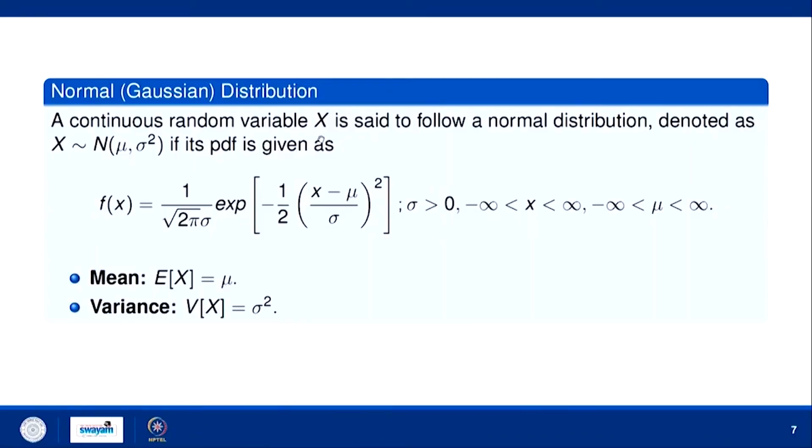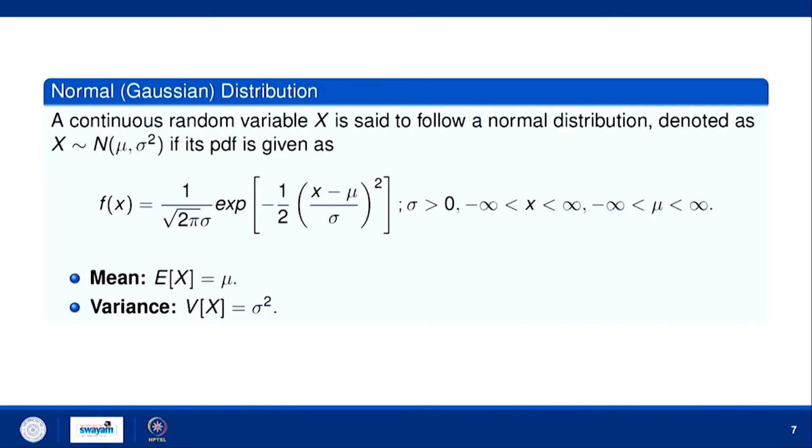So, let us see what the distribution function for this is. A continuous random variable x is said to follow a normal distribution, denoted as N(mu, sigma square), where mu is mean and sigma square is variance, if its PDF is given by this expression, where sigma is greater than 0 and x is between minus infinity and plus infinity, and mu is of course from minus infinity to plus infinity.